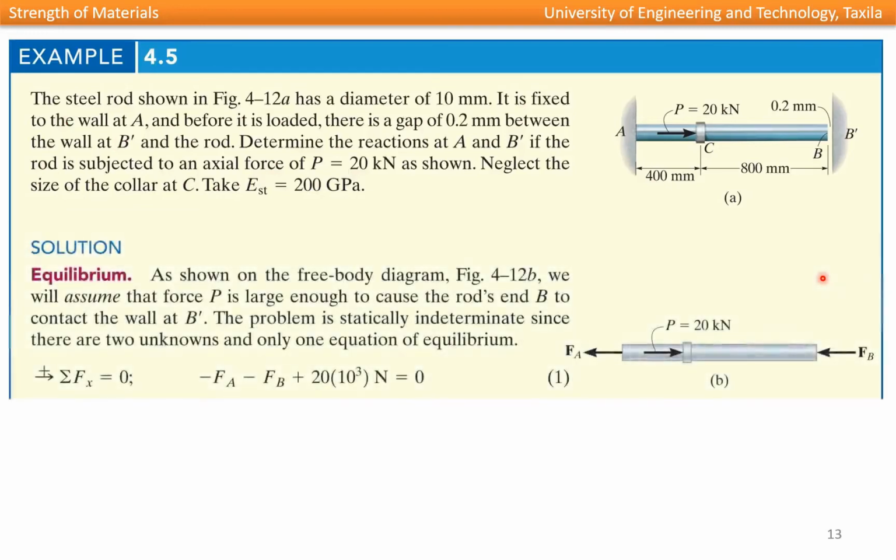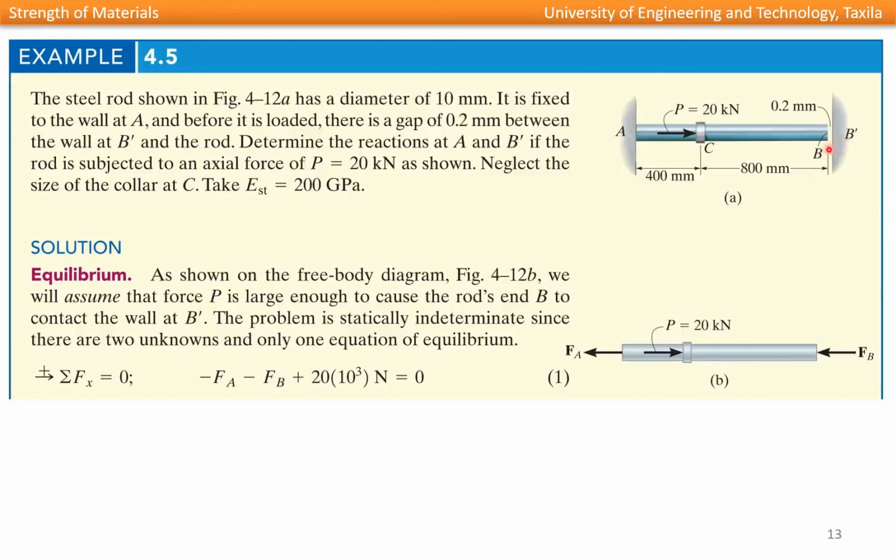First of all, we will write the equilibrium equation. As shown on the free body diagram, we will assume that the force P is large enough to cause the rod's end B to contact the wall at B prime. The problem is statically indeterminate since there are two unknowns and only one equation of equilibrium is available. This force causes end B to displace towards right.